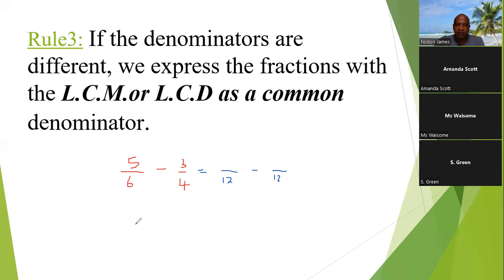So what we're really doing then to get an equivalent fraction, when we find the LCM, to get the first equivalent fraction, which is 5/6, we want the equivalent fraction for 5/6. We want that fraction now with a denominator of 12.